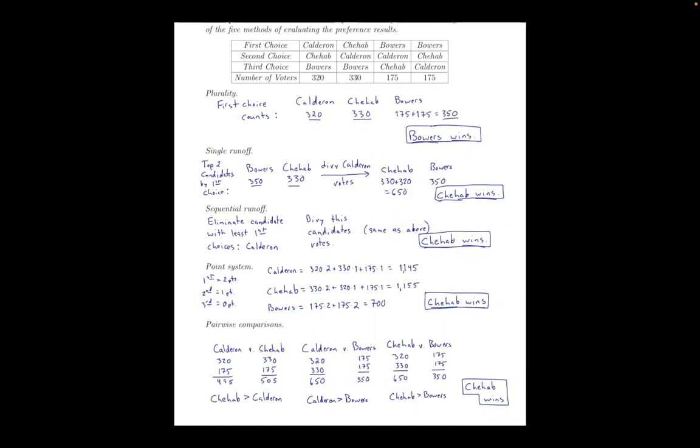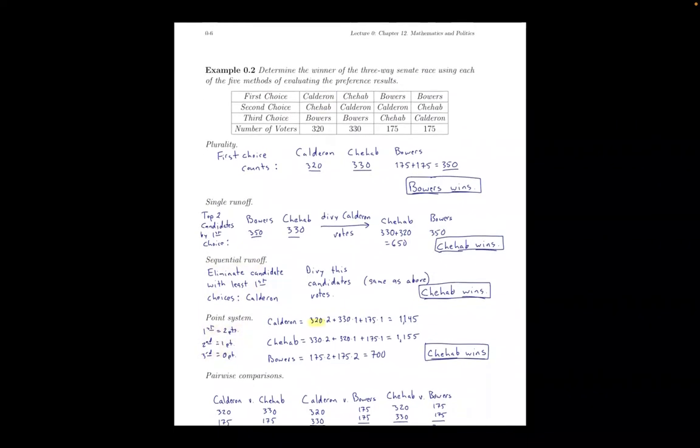So in the point system, what we do is we'll say every first choice ranking counts as 2 points. Every second place ranking counts as 1 point, and every third place ranking counts as 0 points. And then what we'll do is we'll total up the points that each candidate won. So Calderon has 320 times 2 first place rankings.